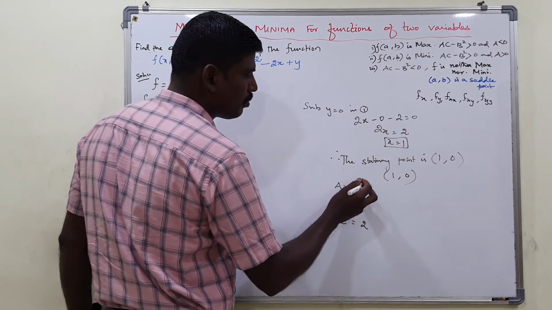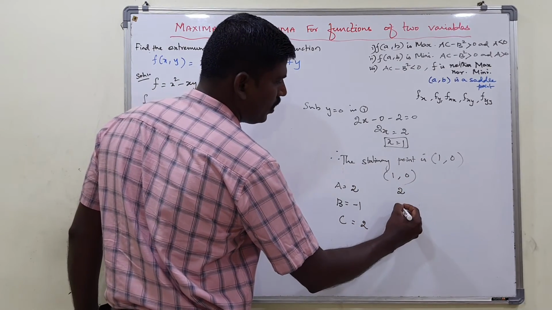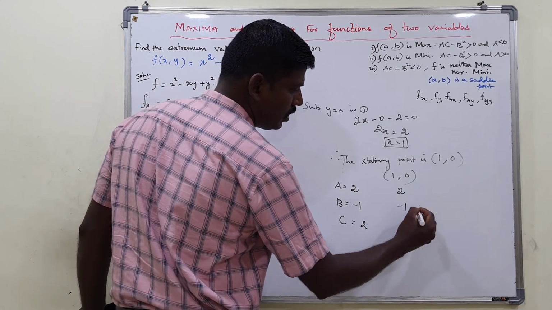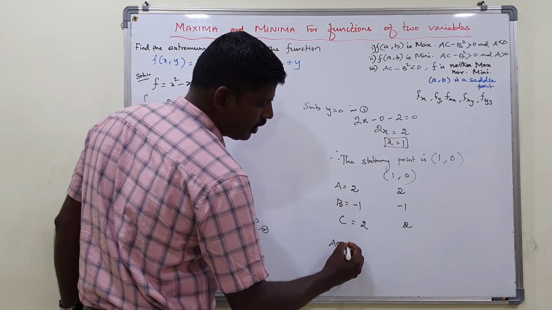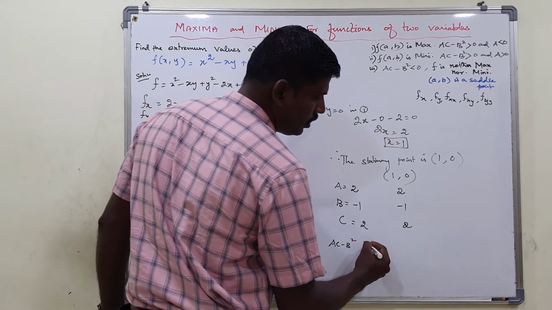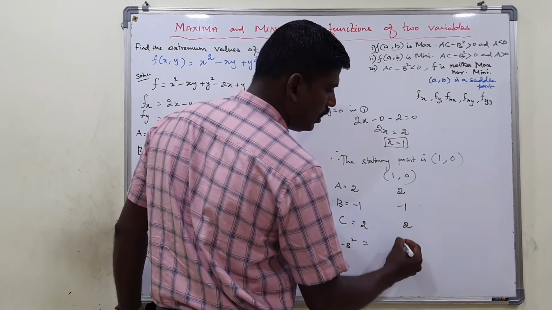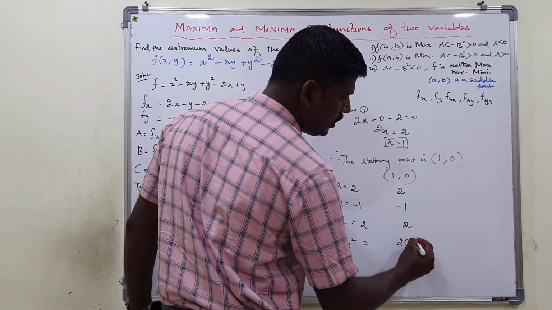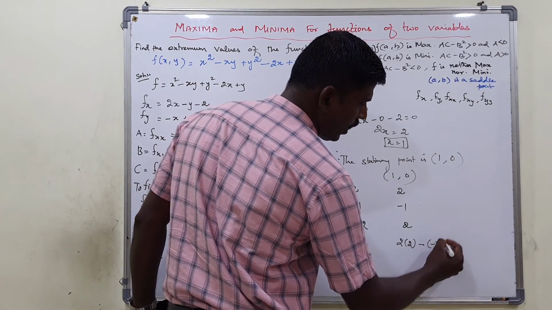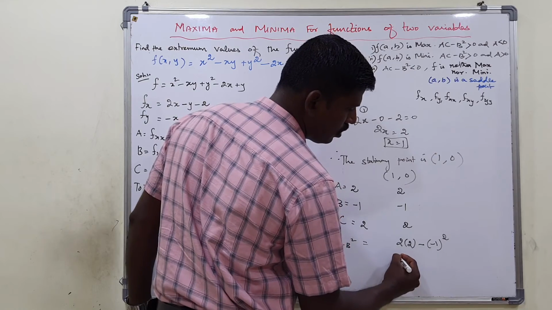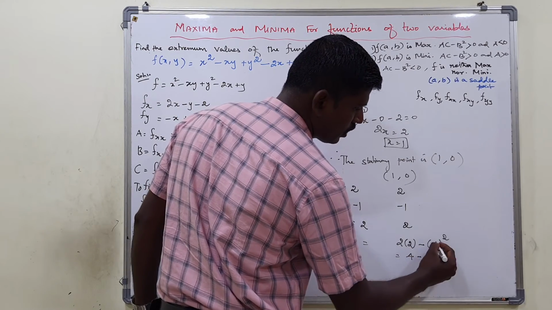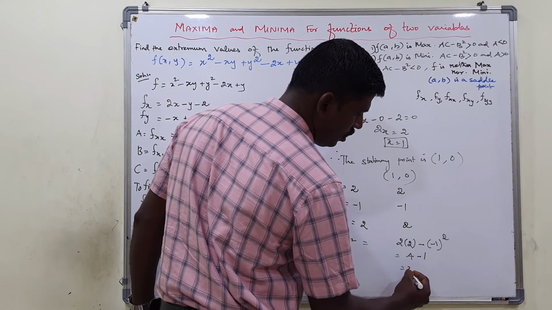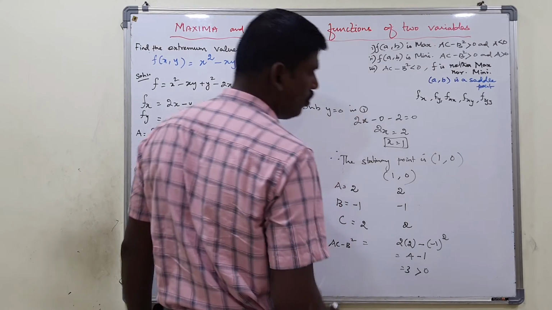So by substituting this value, the values of A, B, C never change. So what is AC - B²? A into C, so 2 into 2, 4 minus 1 square means 1. So 3, which is greater than 0.